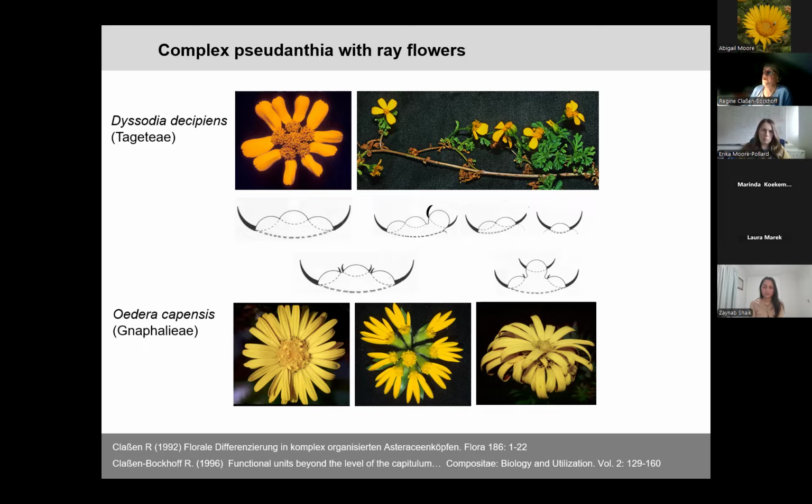In a simple capitulum, you have a centripetal gradient which determines the flower morphs. But here it appears as if mechanical pressure would inhibit the development of ray flowers, that the capitula have the potential to form ray flowers all around, but that the innermost are maybe inhibited by this dense aggregation.